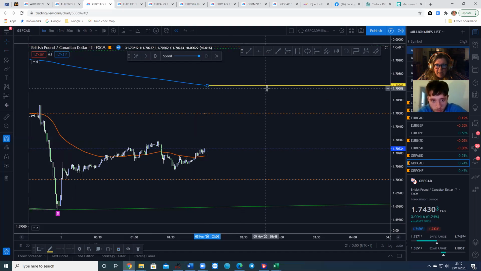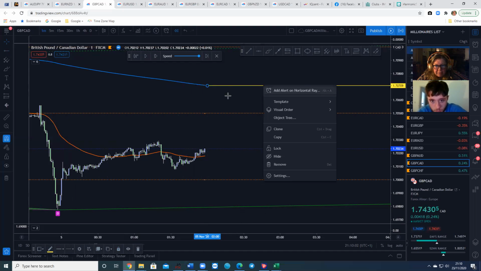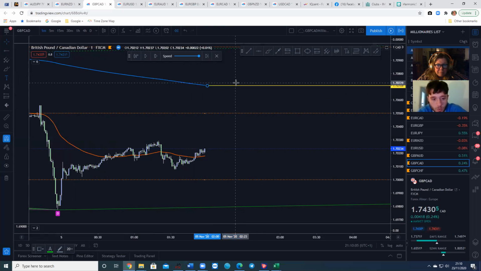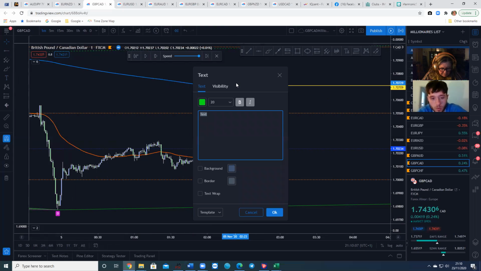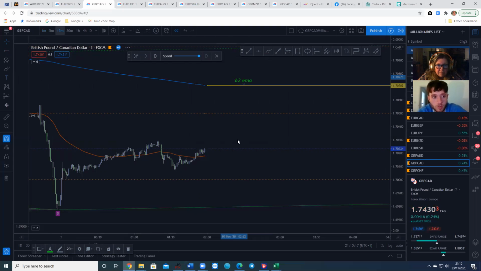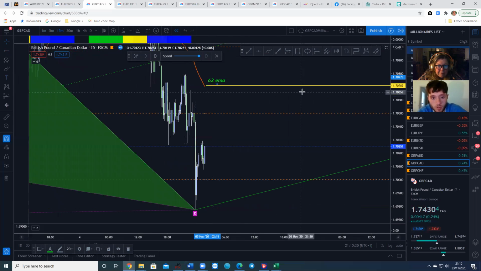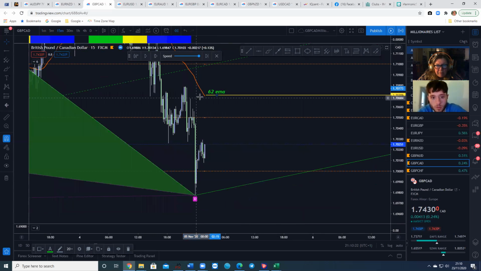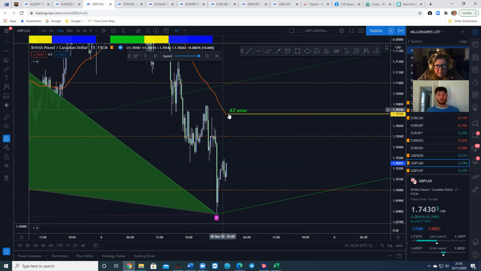If I put that on there, a horizontal ray, and come to the 15 minute, you can see why that is how the 1 minute chart, 62 on the 1 minute, would appear as if we had to flick over to the longer term to see the confluence on the 15-minute time frame.